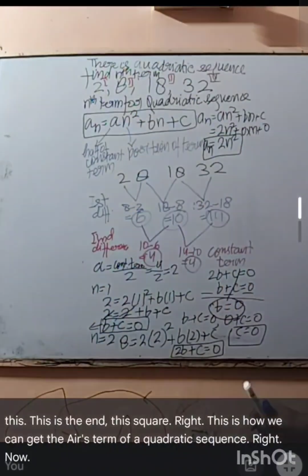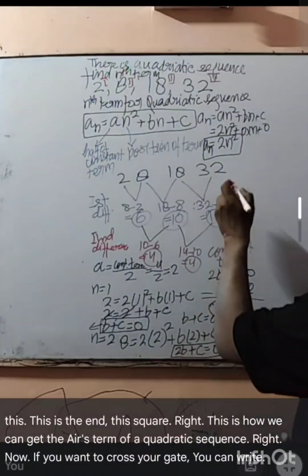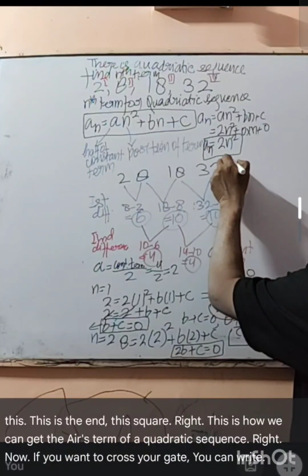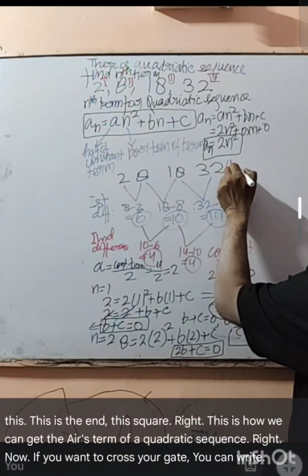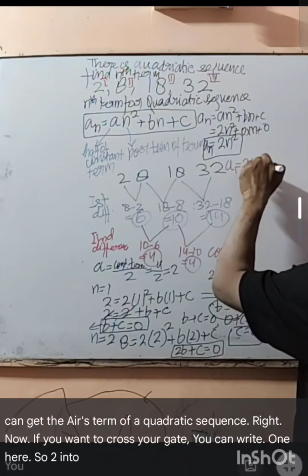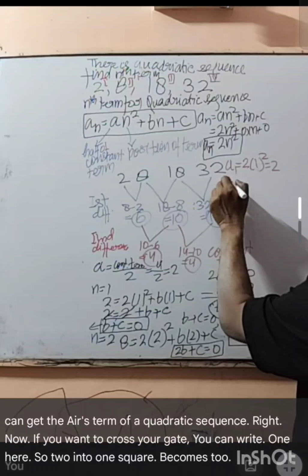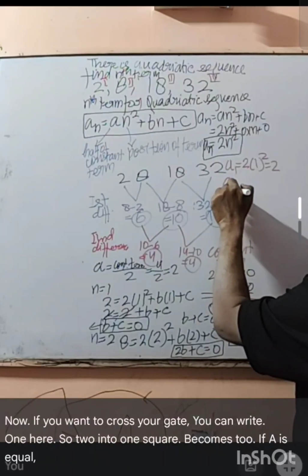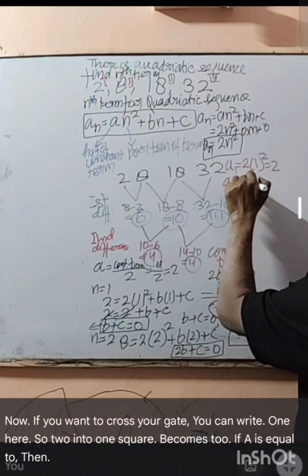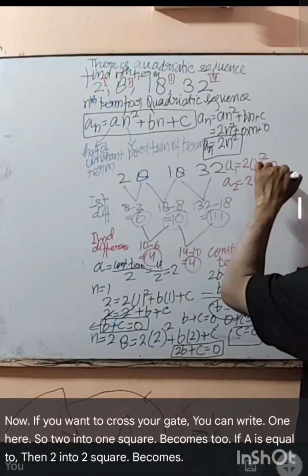Now, if you want to cross check it, you can put n as 1, so 2 into 1 square becomes 2. For n equal to 2, 2 into 2 square becomes 8.